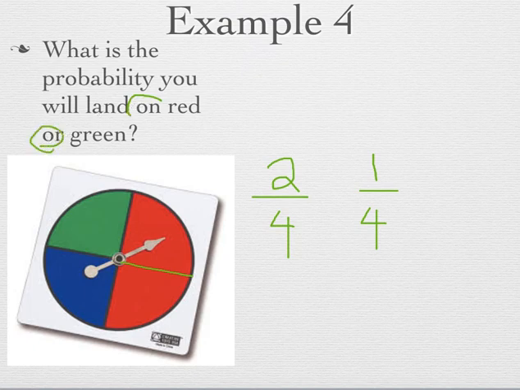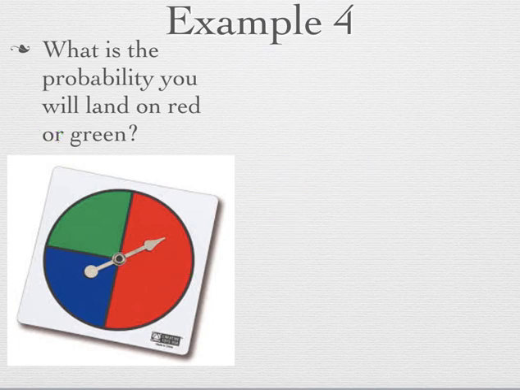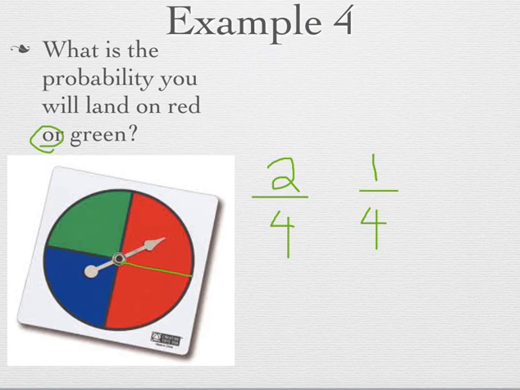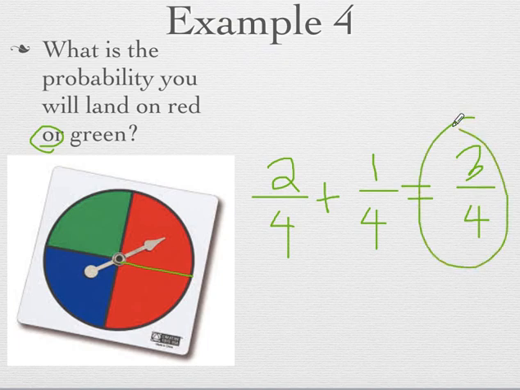The word or will indicate what operation you will be using. So since we have found out that this is a mutually exclusive event, then we're going to add them. And our chance of landing on red or green is 3 out of 4. Okay, does it make sense? Okay, now let's proceed to the next example.